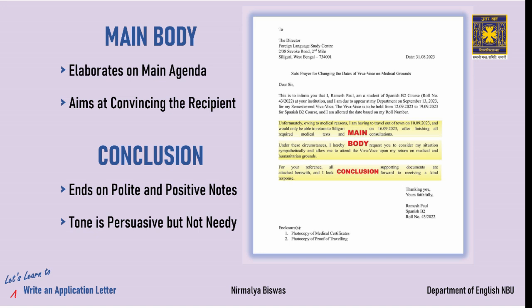His request being a change of date in the Viva Voce exam. See how Ramesh is trying to convince the director of his study center into agreeing to the request by using phrases like medical grounds or humanitarian grounds. So always remember to use the crucial information and the correct stock of words whenever you are composing the main body of the letter.